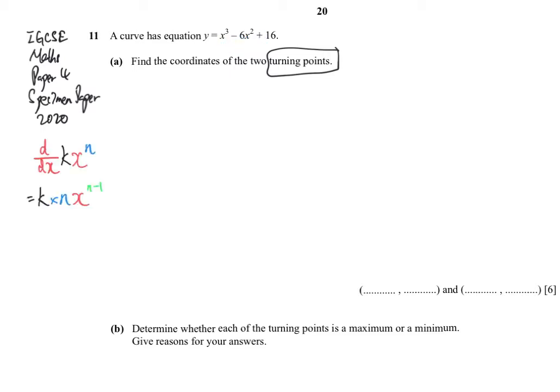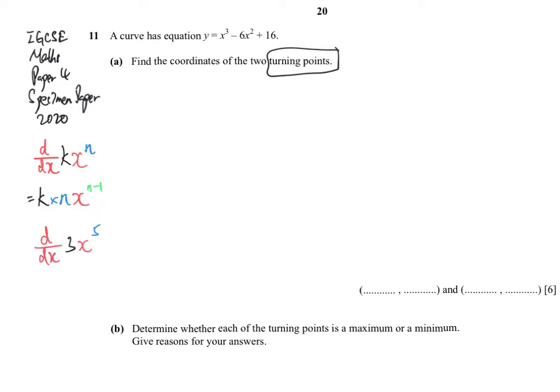Before we go, let's take a look at the differentiation rule. If it is like kx to the power n, where k is nothing to do with x, just a constant, we just put it outside. And then for the index of x, you put it outside again, just like the log form. But when you take it outside, the degree will decrease by 1.